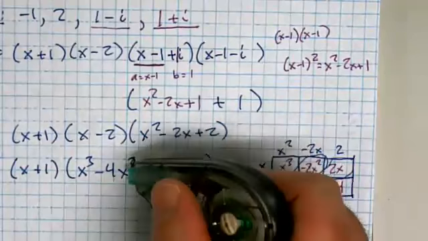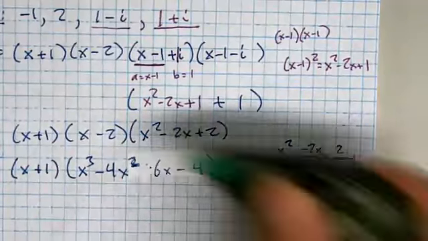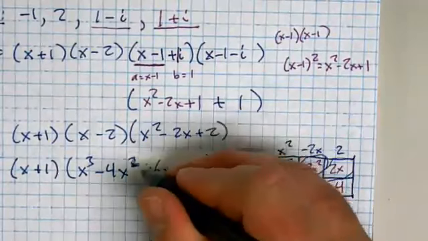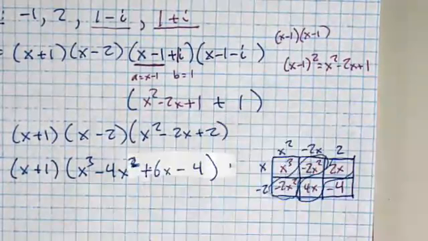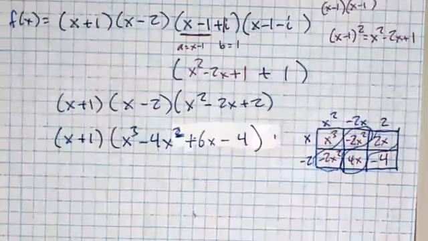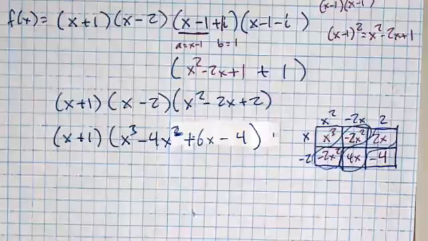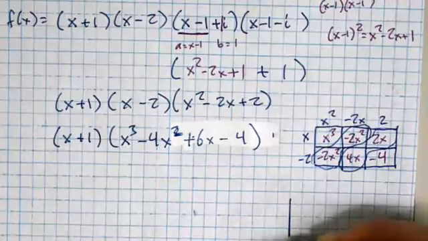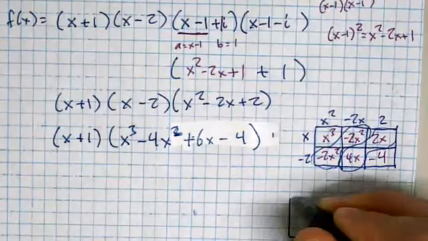It's a little messy here. All right, now I got to multiply the x plus 1 into it. This is just kind of tedious. It's not terribly difficult. It's just kind of tedious.